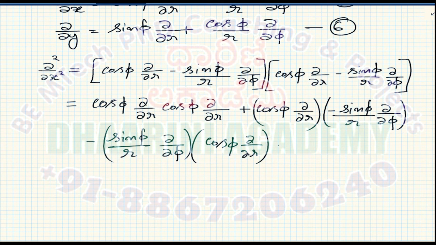Then the last two terms, minus will be a plus, sin phi by r dou by dou phi into sin phi by r dou by dou phi.